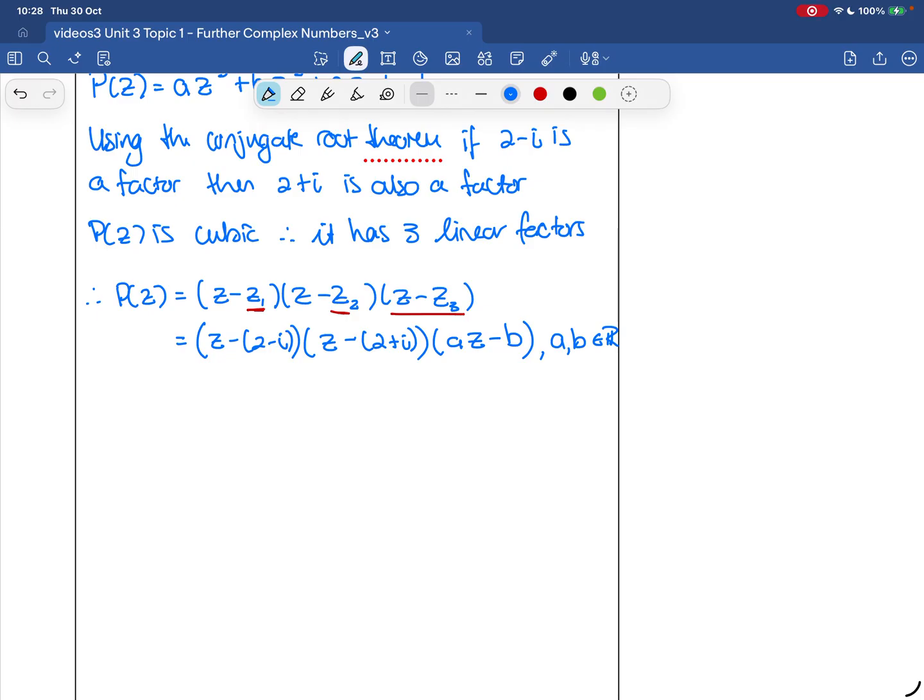Okay, so I've now got a form for my cubic equation. Okay, and I'm using my roots because I've been given roots. So if I use my x-intercept form of that equation, I can work with it.